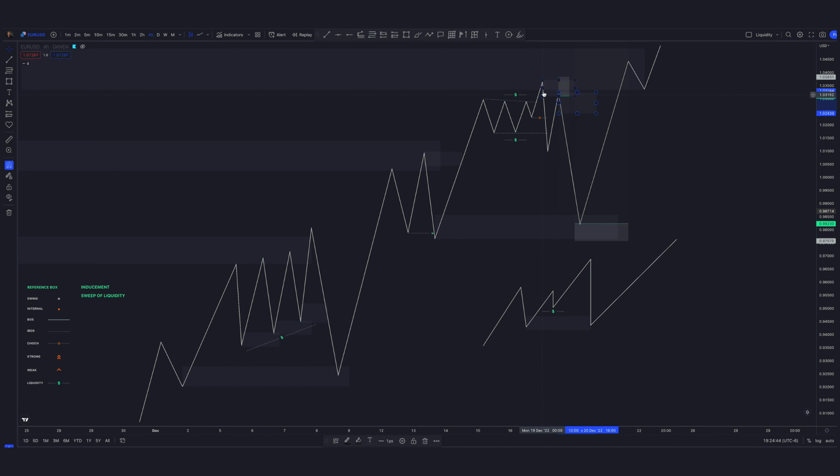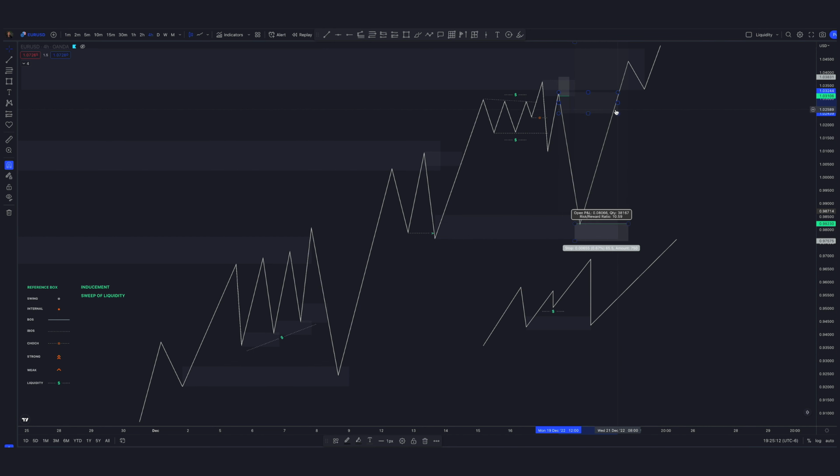But because this is creating a supply chain, it came here, mitigated a supply somewhere inside here, broke down, came here, mitigated this, and now we would have another supply area here. But again, guys, we know that price already did this move, it already completed the move.